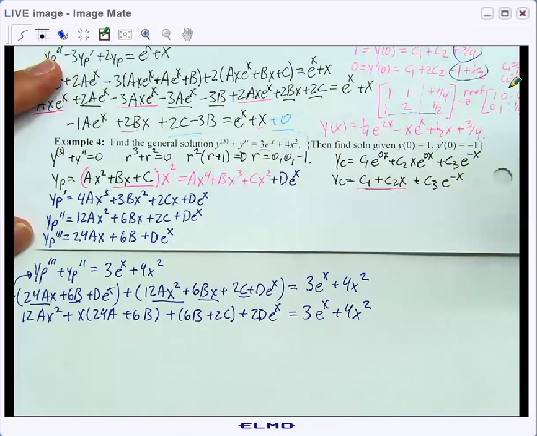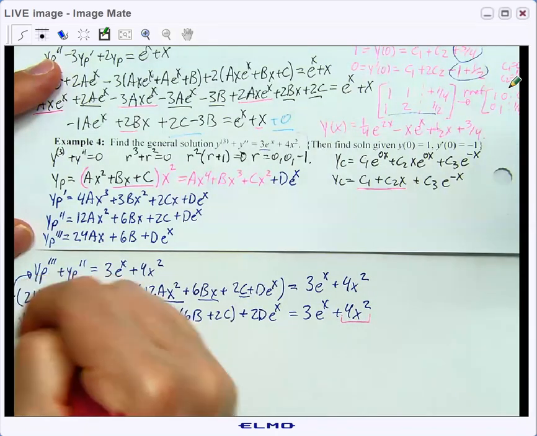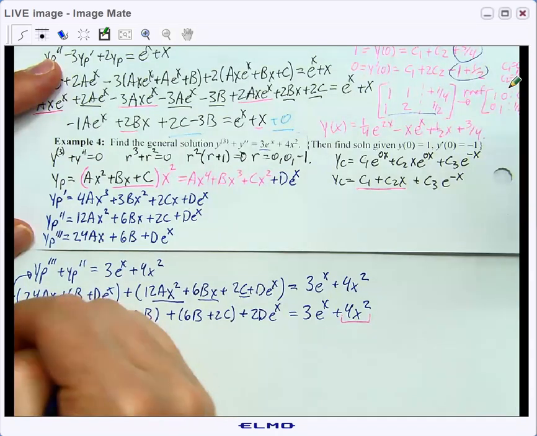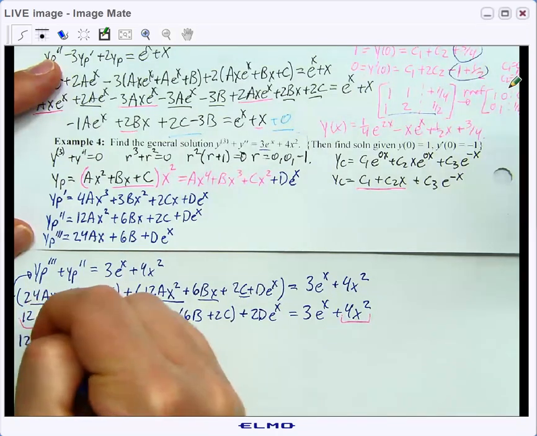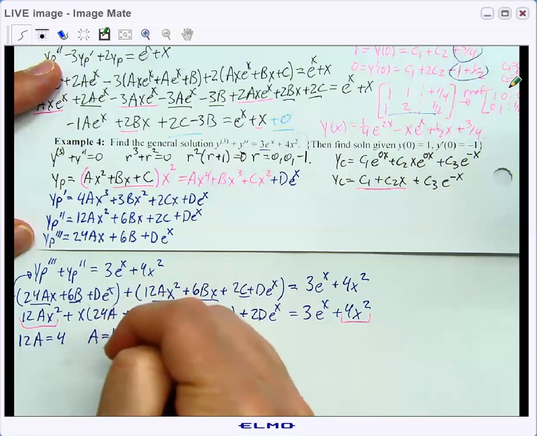Since we've got our equation here, let's equate like coefficients. The x² coefficient: 12a = 4, so a = 1/3.